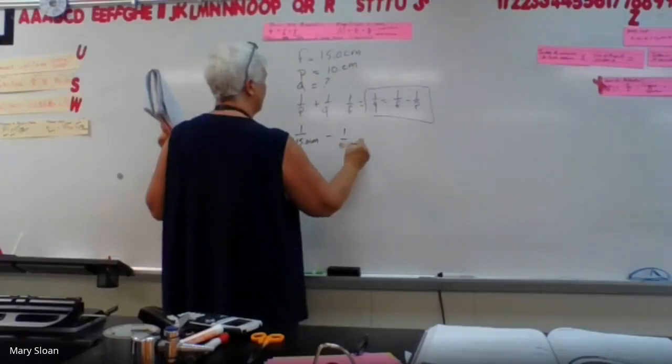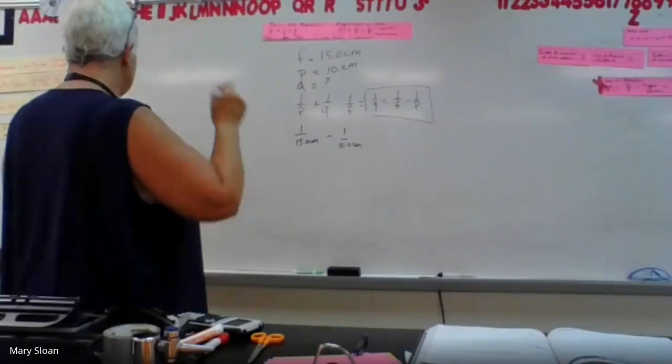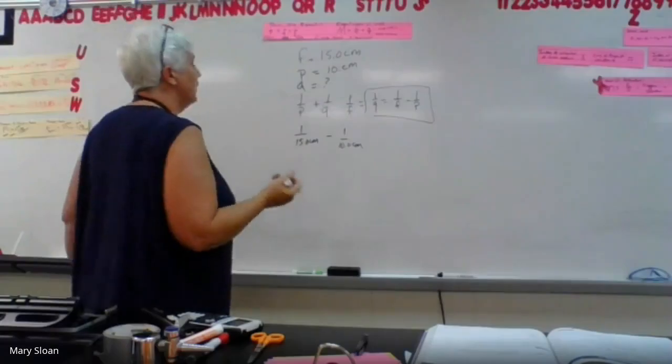We're going to put 1 over 15 minus 1 over 10. And do we find the least common multiple now? Yes, ma'am. Wouldn't that be 30?